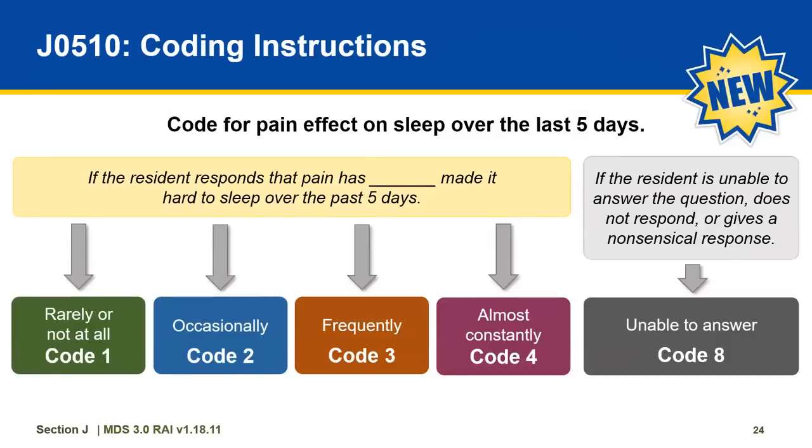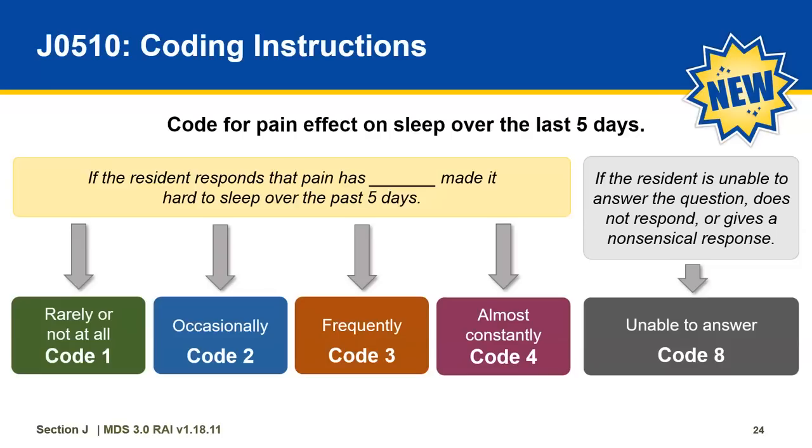For J0510, code for pain effect on sleep over the last 5 days. This visual demonstrates how to code this item based on the resident's response. If the resident responds that pain has rarely or not at all made it hard to sleep over the past 5 days, code 1, rarely or not at all. If the resident responds that pain has occasionally made it hard to sleep over the past 5 days, code 2, occasionally.